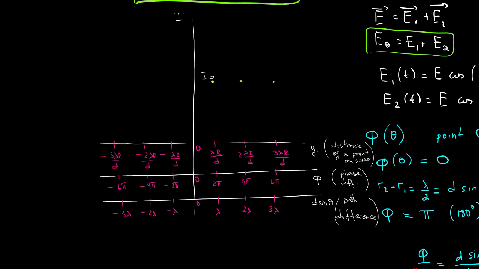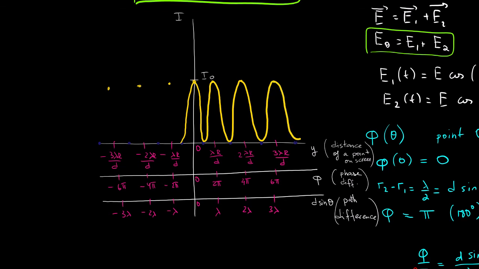I'm just going to mark my maximum points so I can easily draw: the central maximum here, here, and here. And minima will be halfway between. Now we would have a situation going like that: minimum, maximum, minimum, maximum, minimum, maximum, minimum.